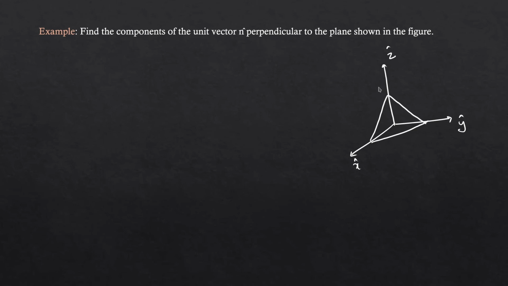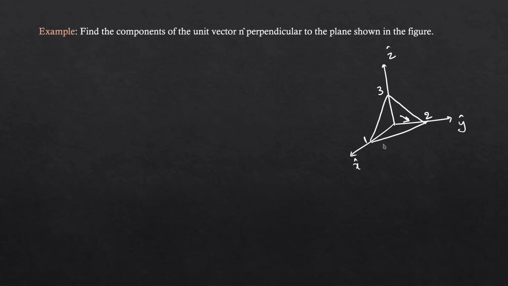This is 3 in the z unit, 1 in the x unit, and 2 in the y unit. So we want to calculate the unit vector coming out of this plane.